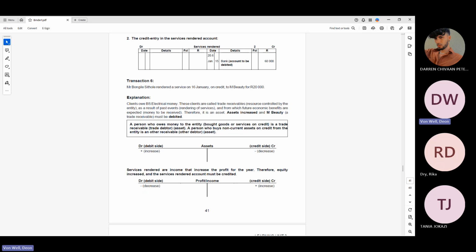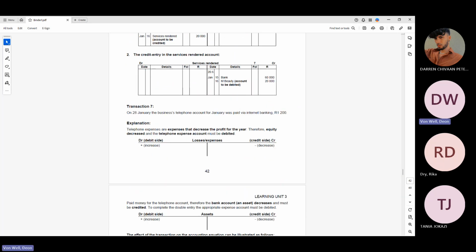So my equity is going to be affected by the income. If there are expenses, expenses will decrease my equity. So remember that although it's income and expenses, and we only ask you the effect on assets, equity, and liabilities, income will increase my equity, expenses will decrease my equity.